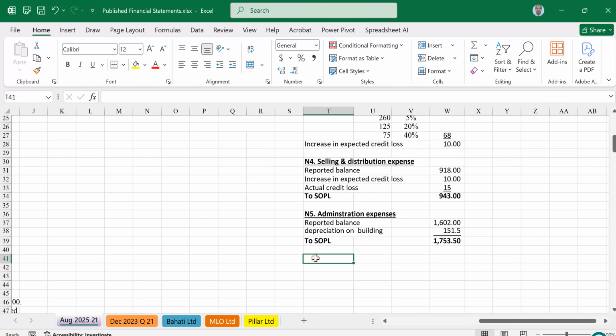Finance cost, not 6. Finance cost can just be used because it's affected by, okay, finance cost will be the total to SOPL.